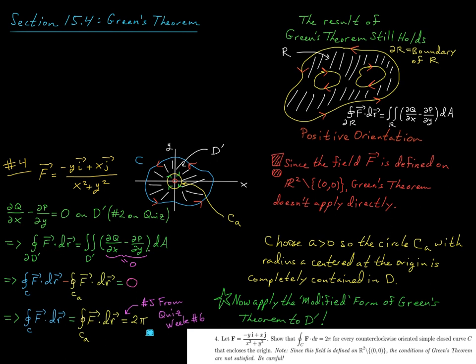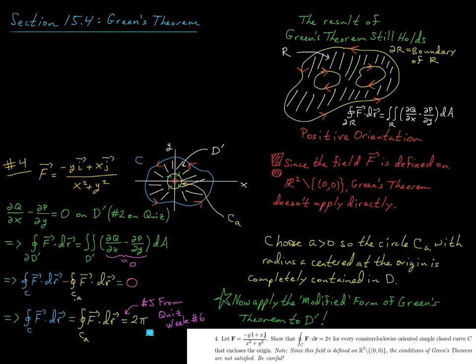Now for the line integral on the left, I'm going to break this up as the line integral over the blue boundary piece plus the line integral over the yellow boundary piece. I have my blue piece here, and then I have my yellow piece here. But keep in mind that I'm orienting the yellow piece in a clockwise fashion.